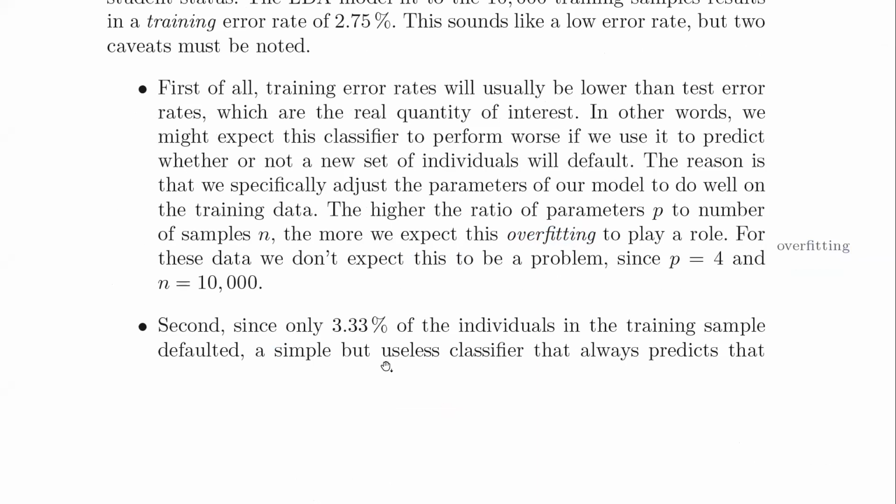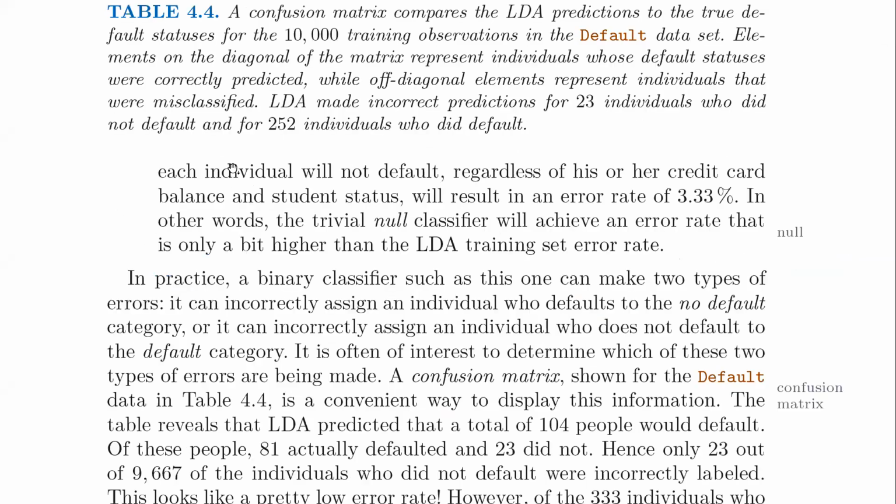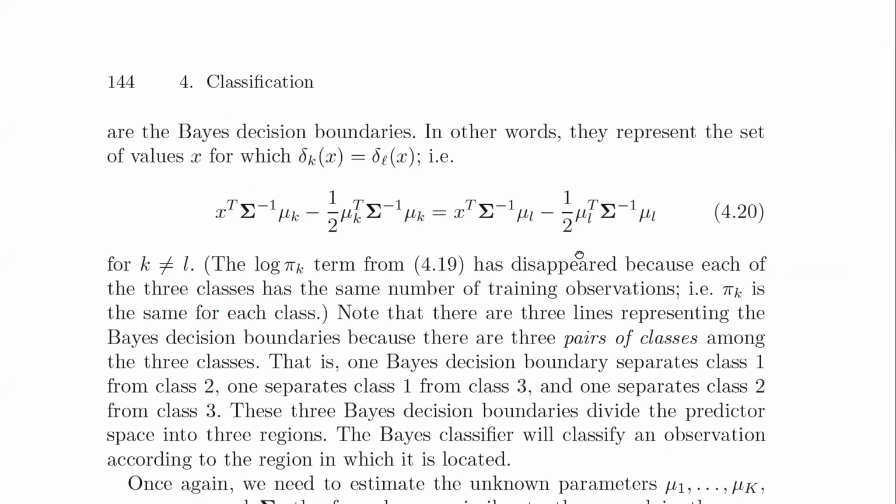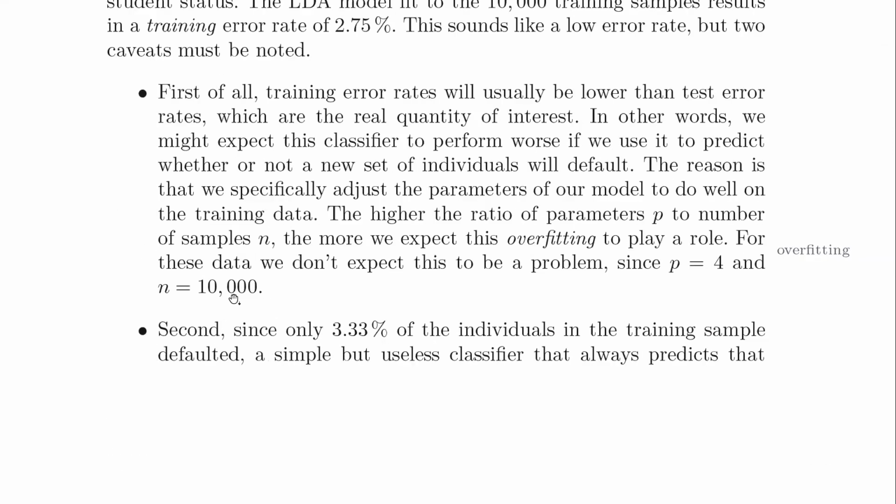Second, since only 3.33% of the individuals in the training sample defaulted, a simple but useless classifier that always predicts that each individual will not default, I got lost. Let's read it again.